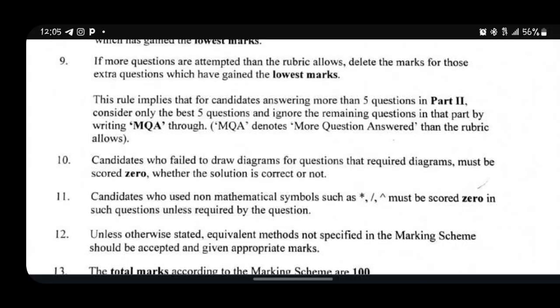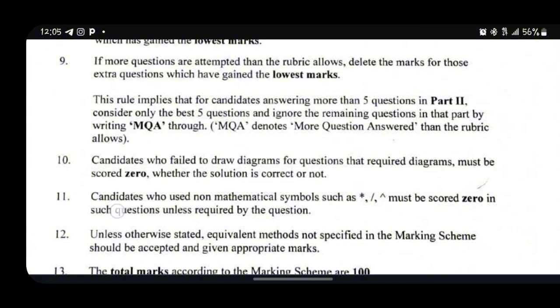So that is very important for you all to learn. For questions that require diagrams, make sure you draw the diagrams, else you will lose the whole mark for that question. It is a waste solving a question that requires a diagram without the diagram being there.